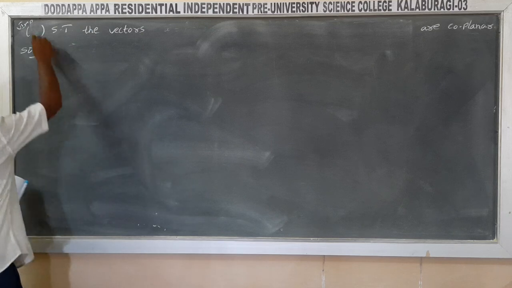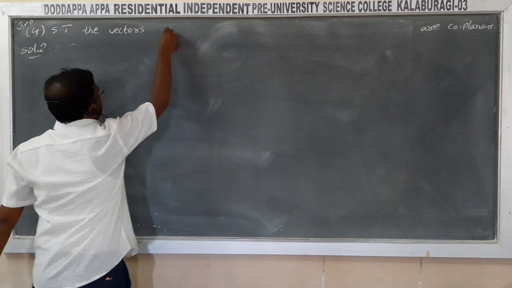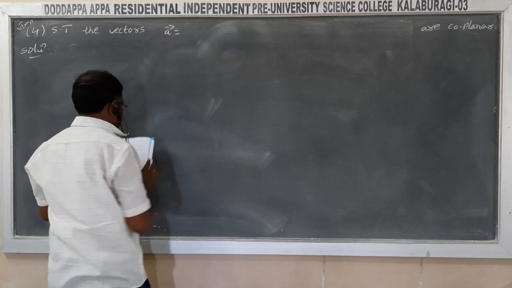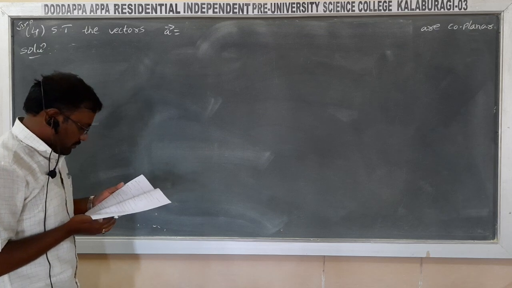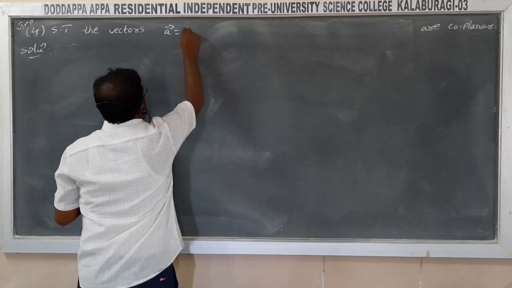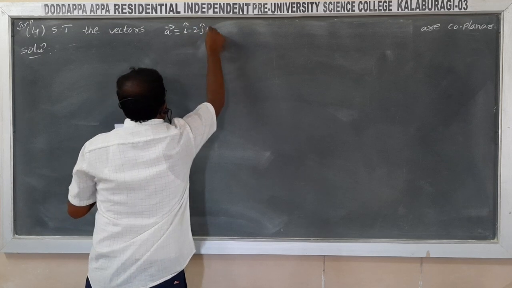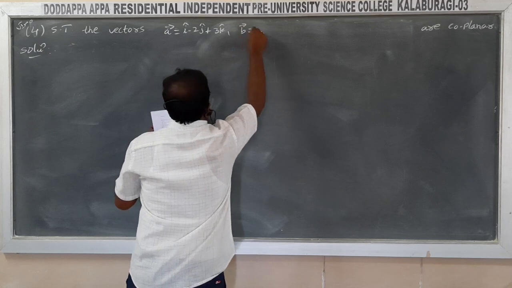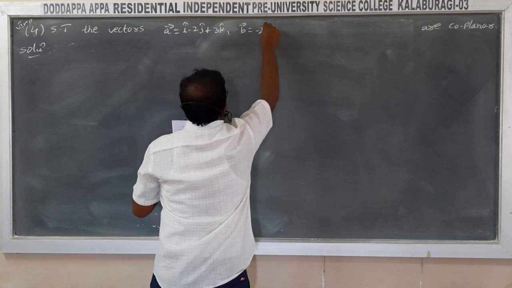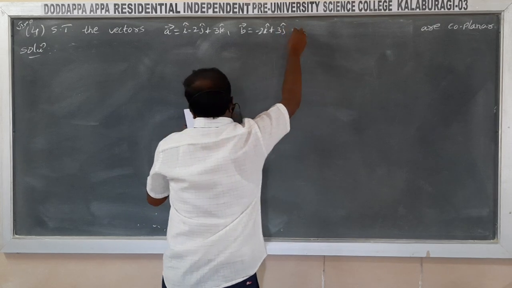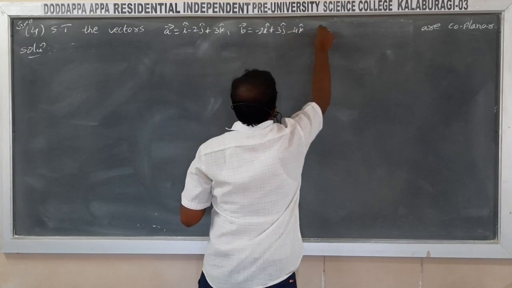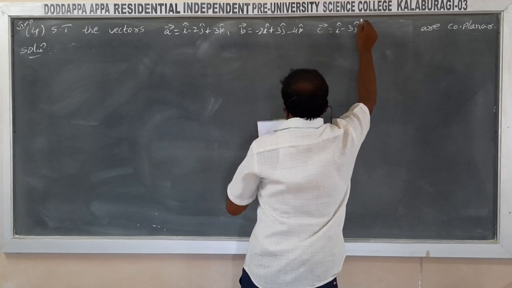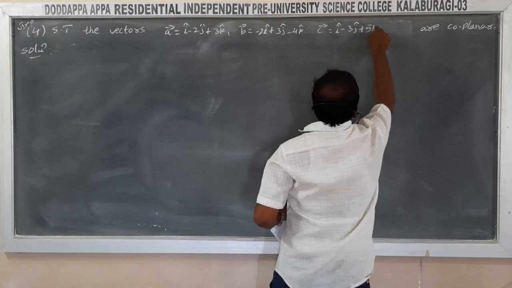Show that the vectors vector A equal to i minus 2j plus 3k, vector B equal to minus 2i plus 3j minus 4k, and vector C is equal to i minus 3j plus 5k are coplanar.